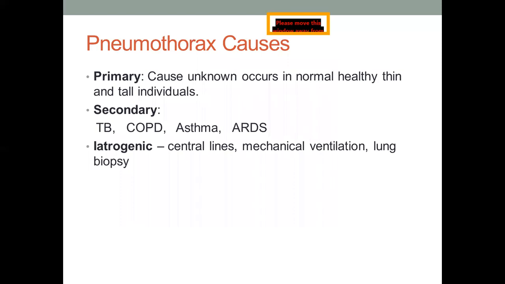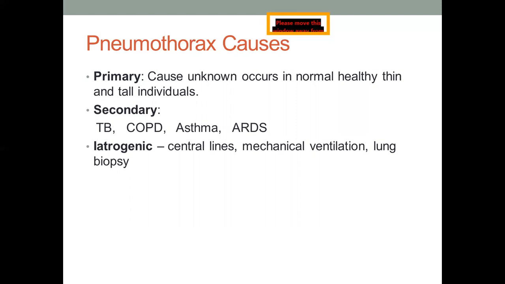Now we will discuss the causes of pneumothorax, which may be primary. In primary pneumothorax, the cause is unknown, and this is usually present in normal healthy individuals. Sometimes in thin and tall individuals, primary pneumothorax is common.